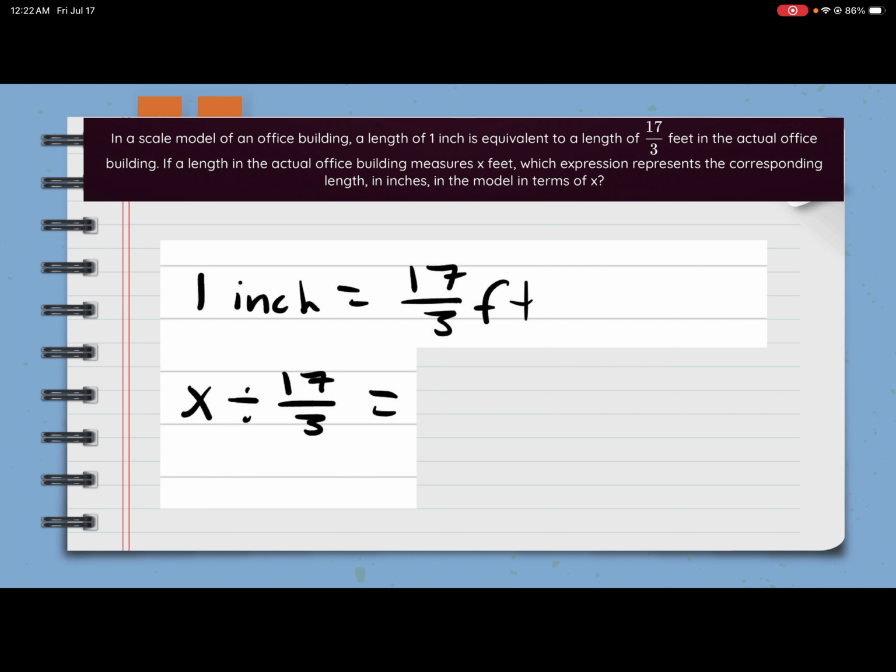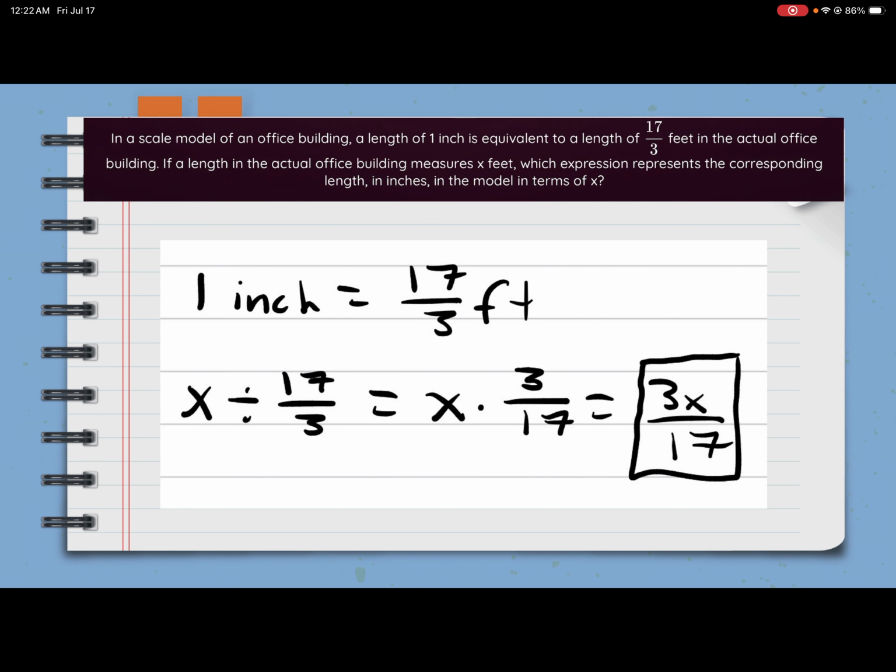So 17 over 3 feet, and x is also in feet, meaning we can also have 17 over 3 be feet over inches, and dividing by 17 over 3 would multiply, because when you do the opposite reciprocal of a fraction, we'll have inches over feet, and feet times 1 over feet cross out, you'll be left with inches. That is represented by 3x over 17.